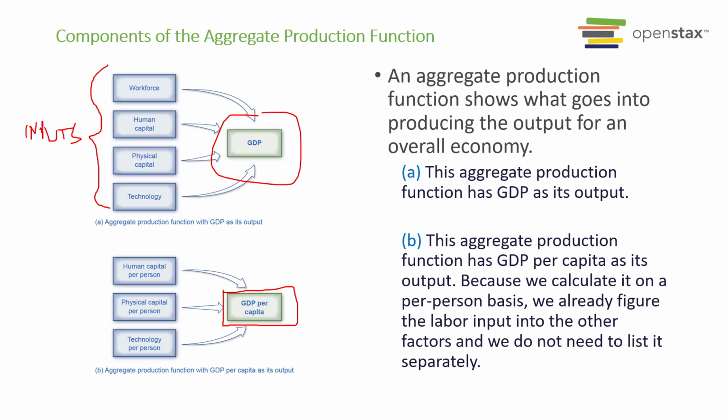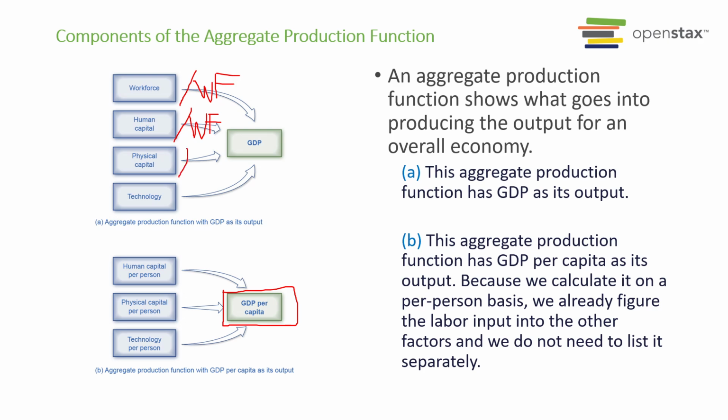Well, if you look up here, all we really did was we took our workforce, we divided everything by the workforce. All right, so let me put WF for workforce, divide W by WF, and divide it by WF. And what we do to the left-hand side, we have to do to the right, so we divide this by WF as well.